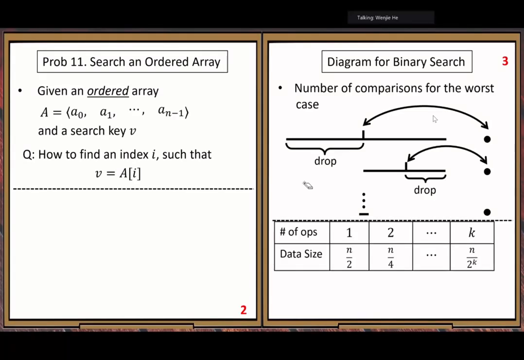All right. So here, let's try to find some rule. After the first comparison, the size of our current data is n over 2, n being the size of the original data. After two comparisons, our data size becomes n over 4, and so on. So after k comparisons, the data size of the current subarray becomes n over 2 to the k.